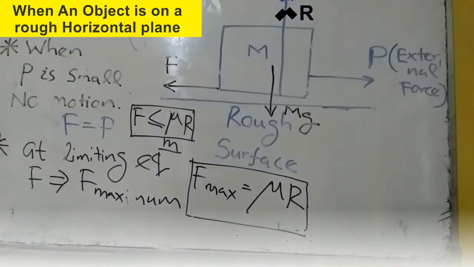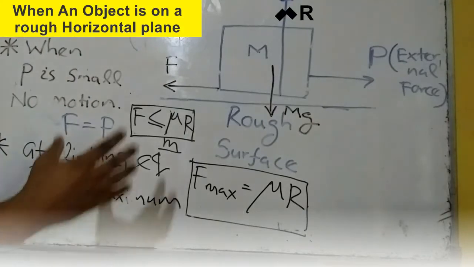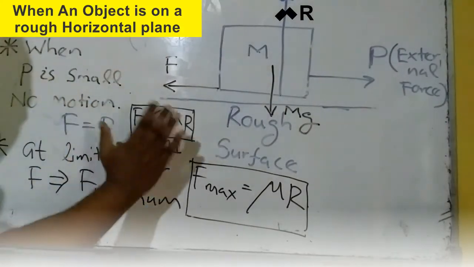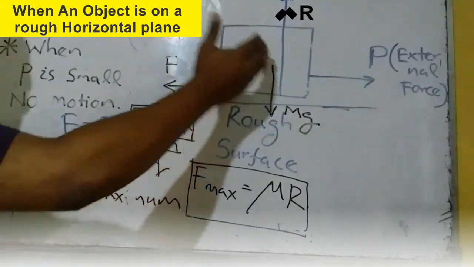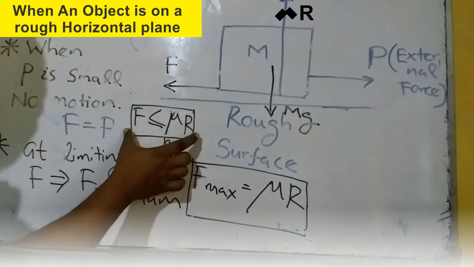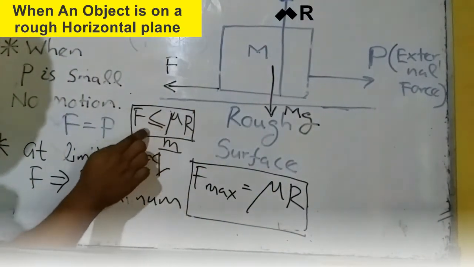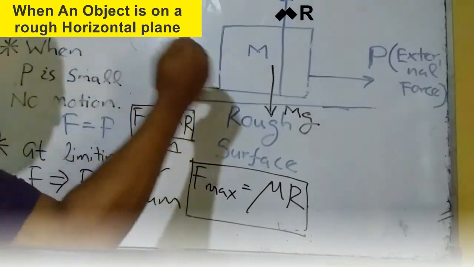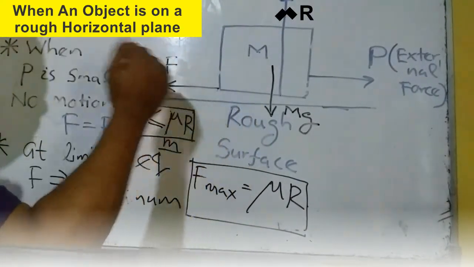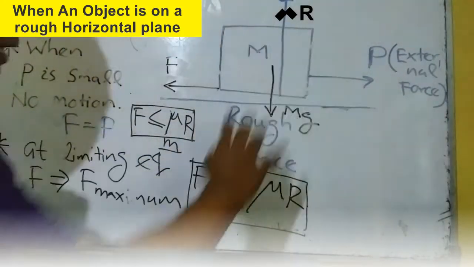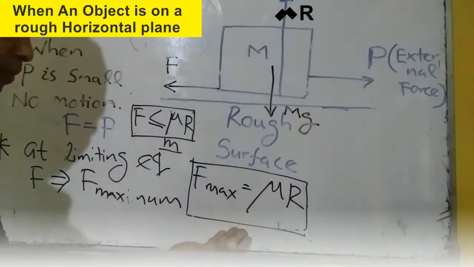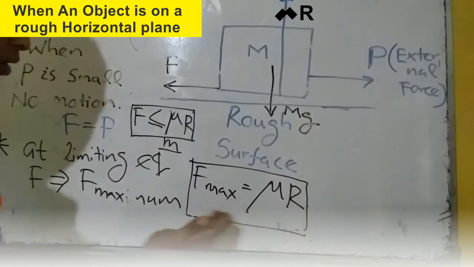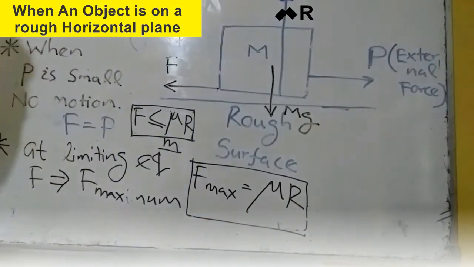Can you understand? If it is in equilibrium on a rough plane, F is less than or equal to mu R. If the object is in limiting equilibrium, or if it is moving on a rough plane, you can use F max equals mu R, or F equals mu R.